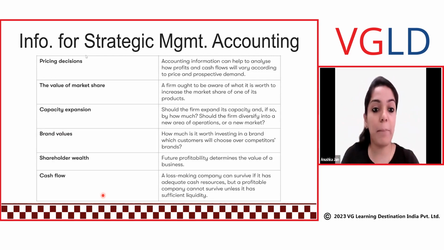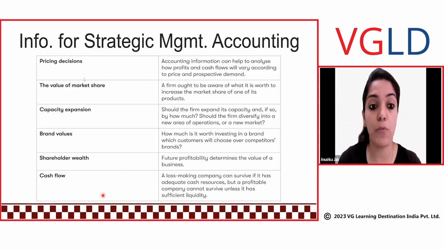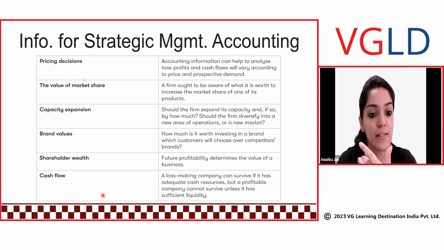So you do that comparison, pricing decisions, and then you decide what your price should be. What is the least possible you can offer so that you achieve the desired profits also? How will you take those pricing decisions? Looking at what the competitor is doing. What are your financial accounts saying? Just because the competitor is selling a certain product at 1,000 rupees doesn't mean you will also sell your product at 1,000 rupees.